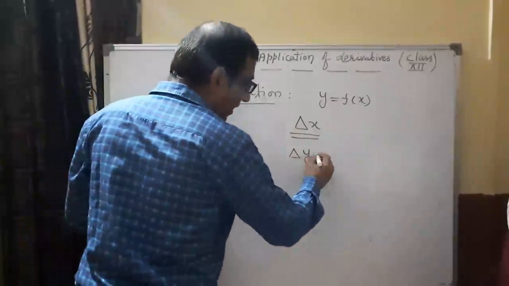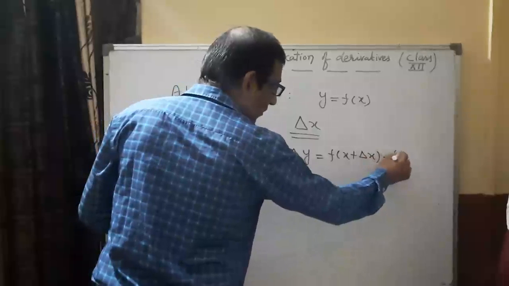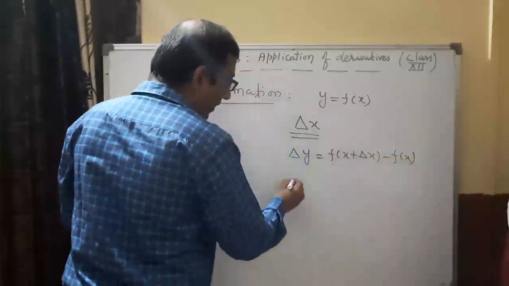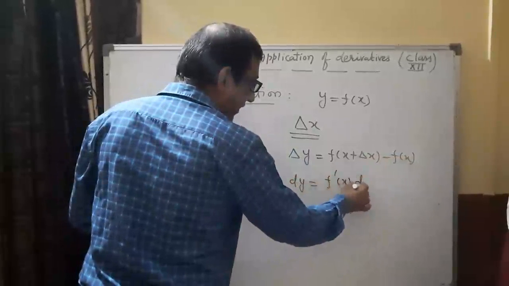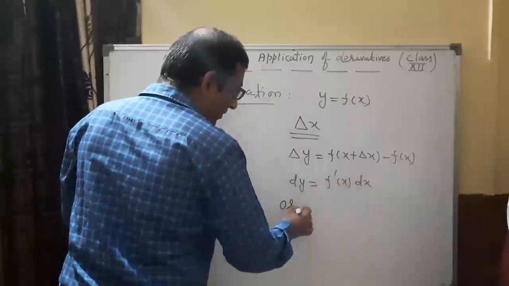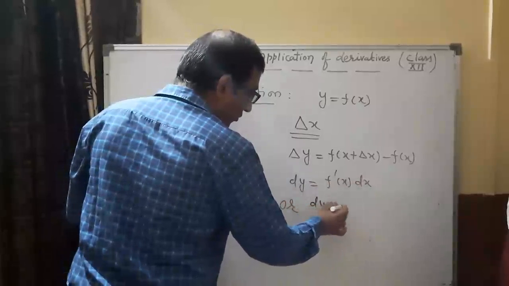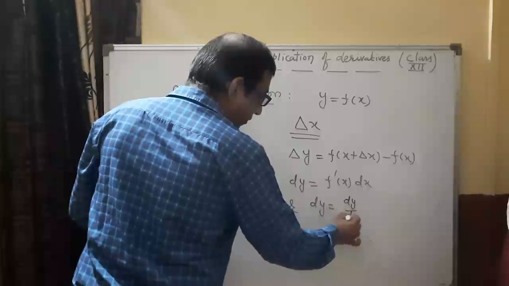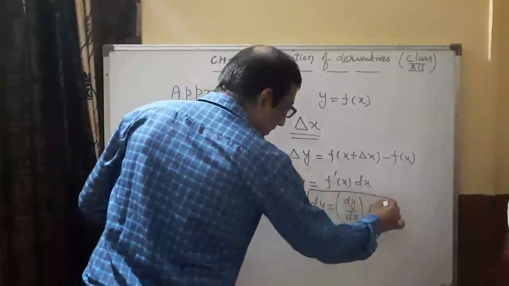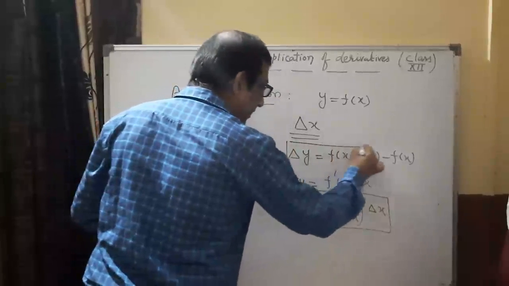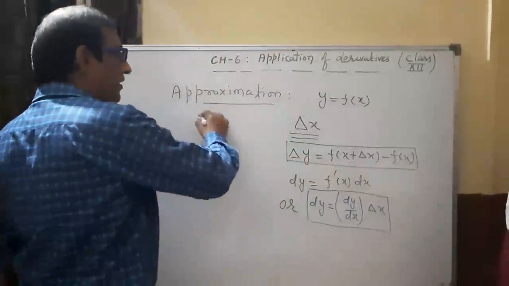In that case, delta y is given by f of x plus delta x minus f of x, or we can say dy is given by f dash x dx, or it can also be written as dy equals dy by dx into delta x. So this is the concept related with approximation. With the help of this concept, we will solve the problems which are related with approximation.